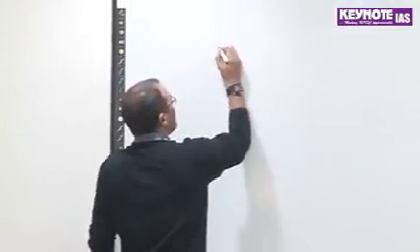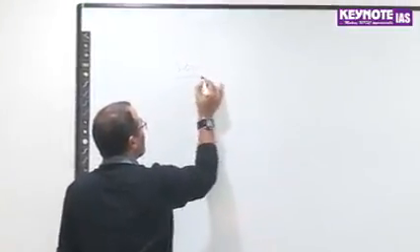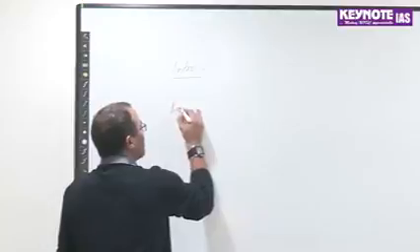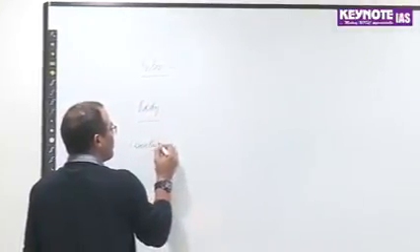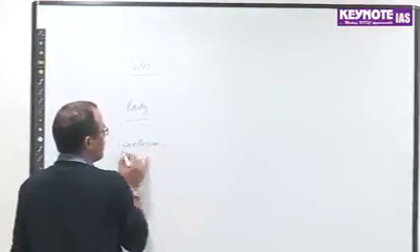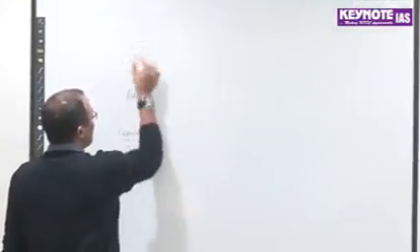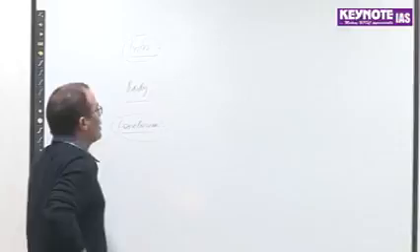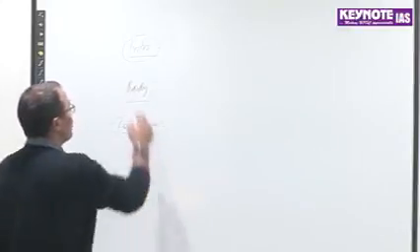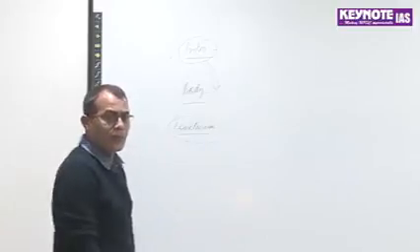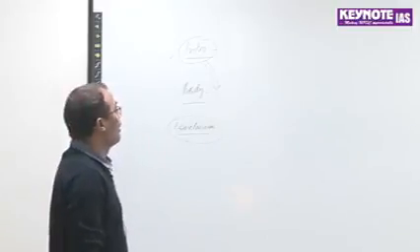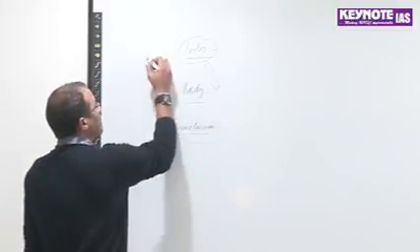So first is the intro part. Then you have body parts. Then you have the conclusion part. How intro and conclusion are different compared to college-going students: if your intro is very, very good, your body part will have an automatic flow, and that is of very high importance in civil services writing.